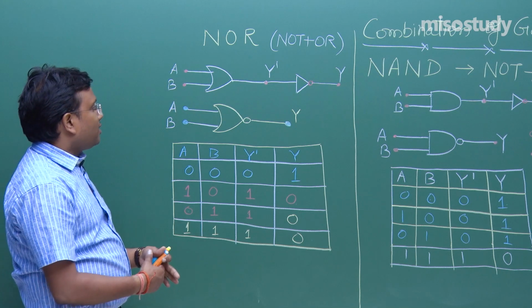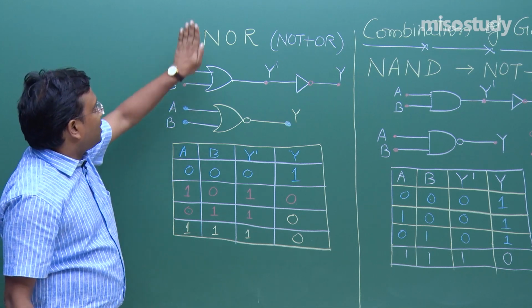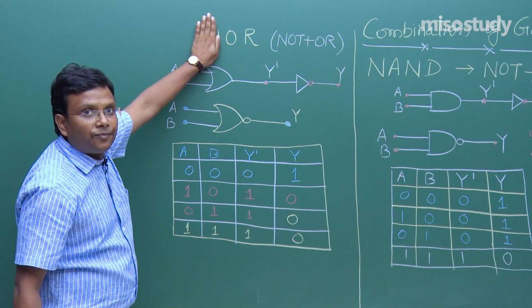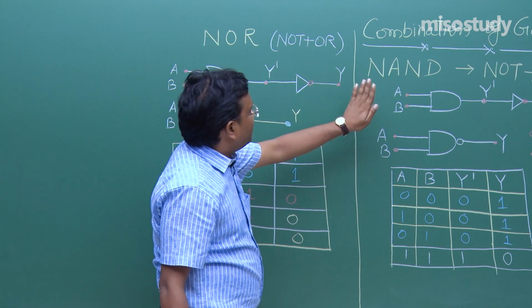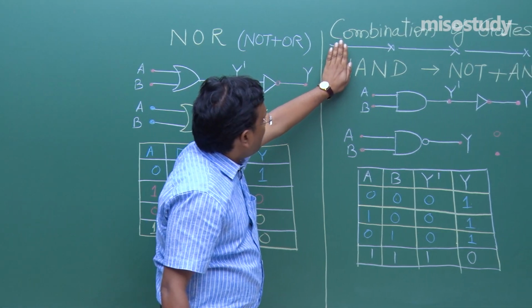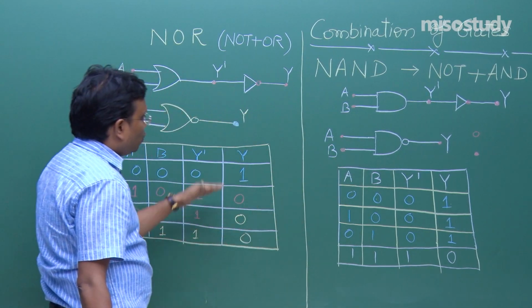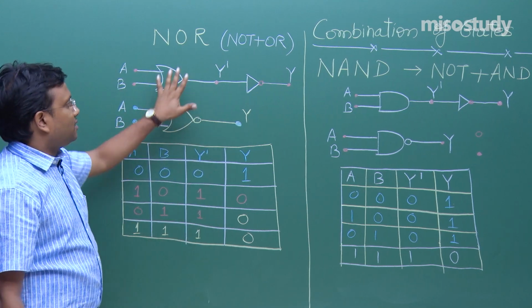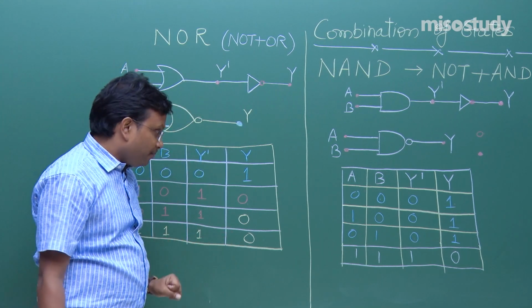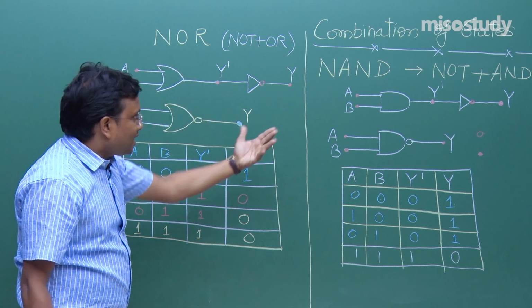Now in these two gates you can realize that our basic gate is OR. Fine. And if we take a look at this diagram, then over here our basic gate is AND. But just by adding a NOT gate to these two, we realize this truth table and this symbolic representation. So there is one next combination.